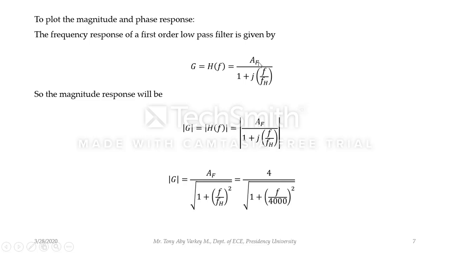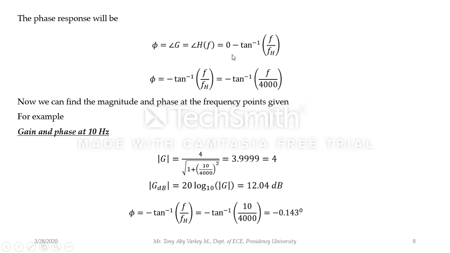So the phase of AF plus j0 is tan inverse 0 by AF, which will be 0. For the denominator, it will be tan inverse F by FH. So you will be getting 0 minus tan inverse F by FH, which is minus tan inverse F by FH. So it is minus tan inverse F by 4000, because FH is equal to 4000.